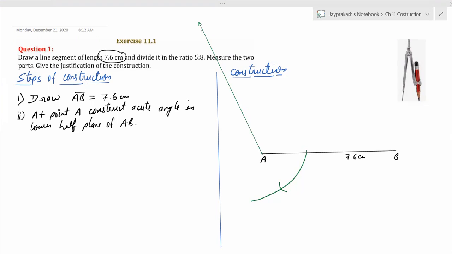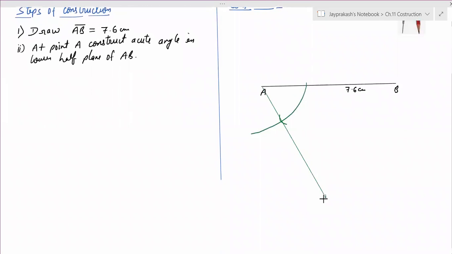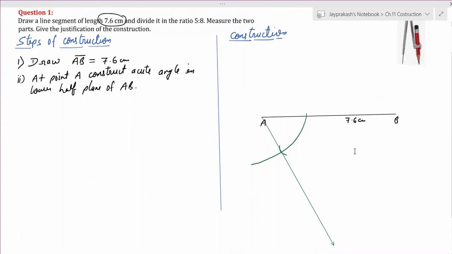Okay, this one is the acute angle. And if you want to measure this angle, it will be 60 degrees. So that's why we have written that you have to construct the acute angle at point A.